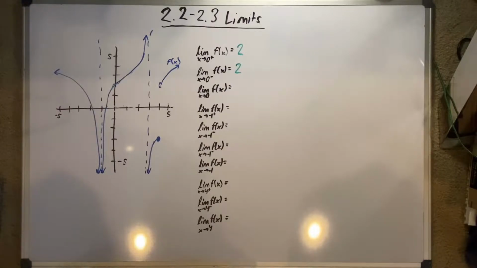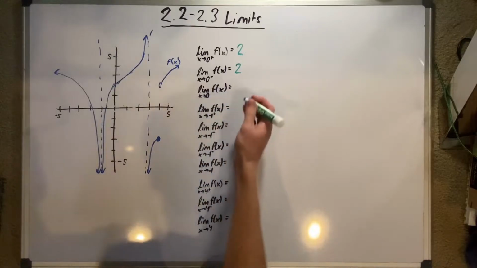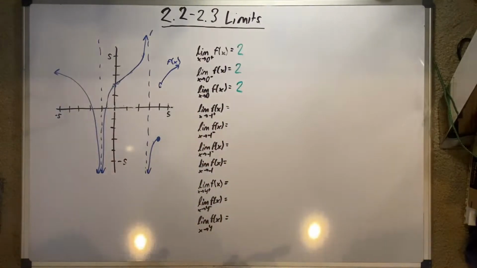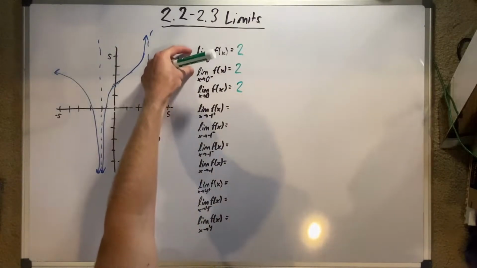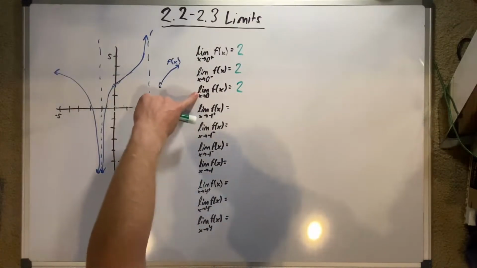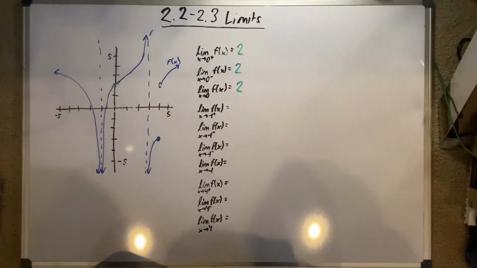And if they do equal the same thing, then your limit as x approaches 0 without a plus or minus exists, and it's just that same number. If these two are different, then this will not exist. It'll literally just straight up not exist. And we'll see that as we come to a different problem.